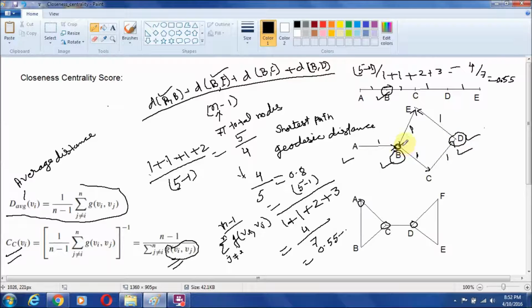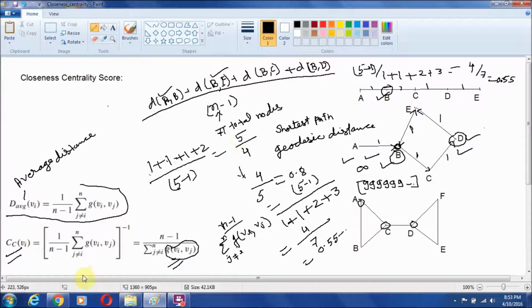For the distance between B to A, there is no path from B to A. In such cases, generally we consider that the distance is infinity, but for programming, or to remove the chances of errors, we can consider it as a very high value, and then we can continue the calculations.